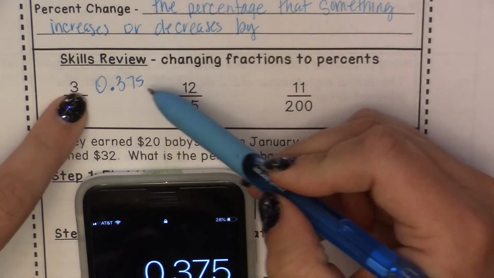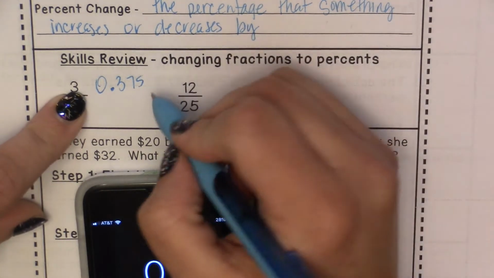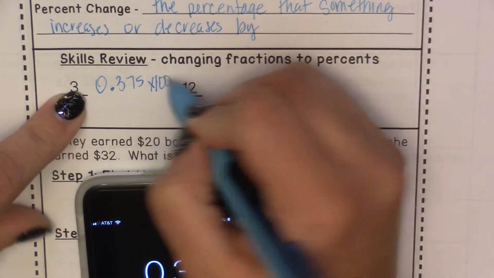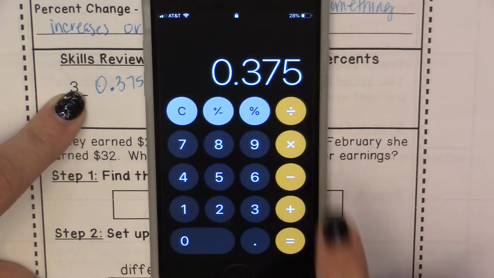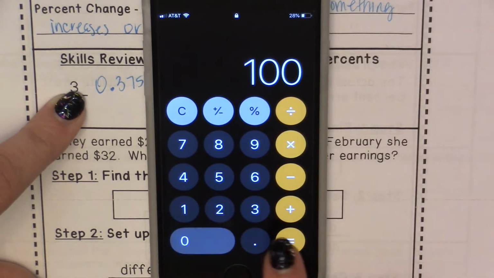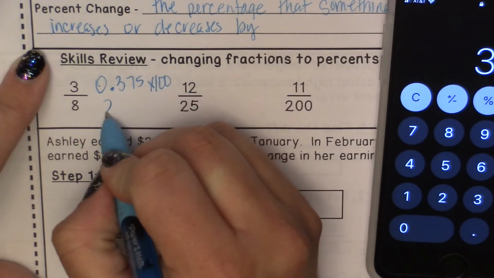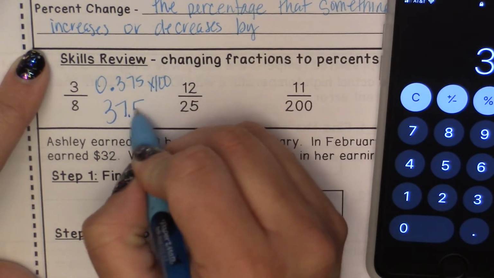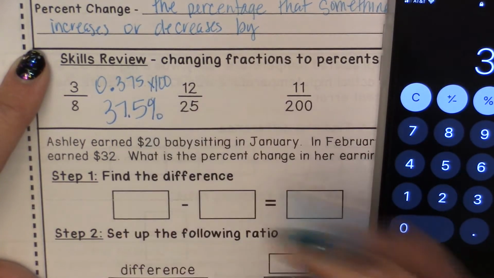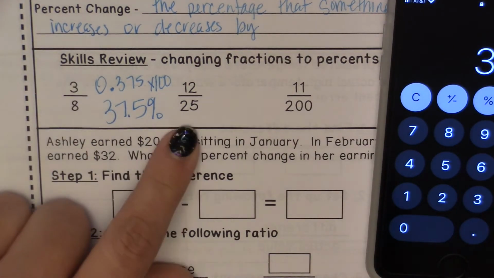And then to change our decimal to a percent, we multiply that by 100. So times 100, and we get a percentage of 37.5%.